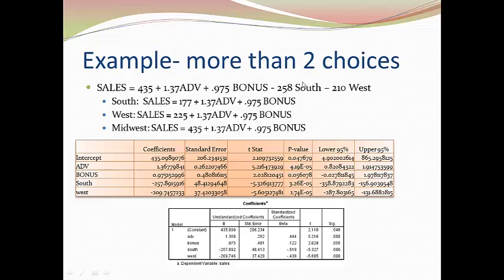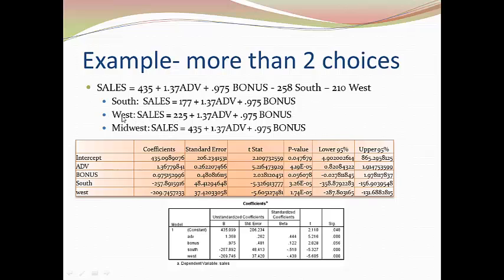So you would have two numbers in here, and I can reduce this, and that's why you see the intercept, or the amount of sales when advertising and bonus are equal to 0, actually changing for that southern region, because I'm taking that 435 and subtracting off the 258 that we get if we are in the southern region.